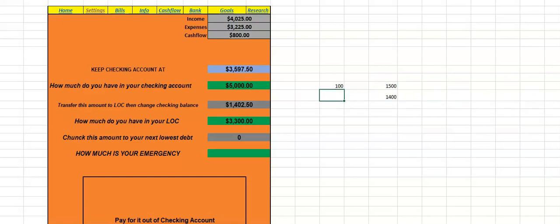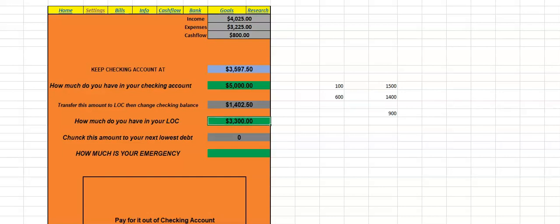But let's say you wait 6 months and you chunk 600, it's going to knock it to 900. The difference in interest saved by sending your extra cash flow, versus 6 months later sending a chunk of 6 times the amount, is very little, if at all much. So you're not actually wasting time or money by waiting.